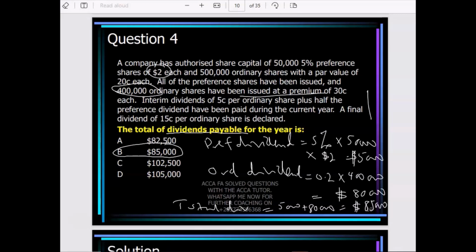Even if the share appreciates in value, we call that a capital appreciation of the share, but when it comes to dividends, we pay the dividend based on the par value of the share. So that's it, ladies and gentlemen. Let us go to the next question.